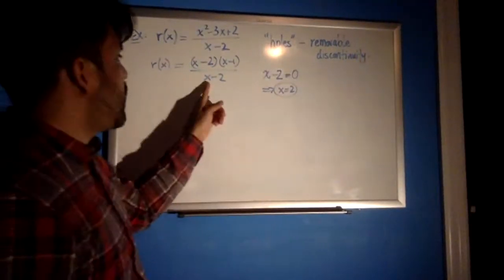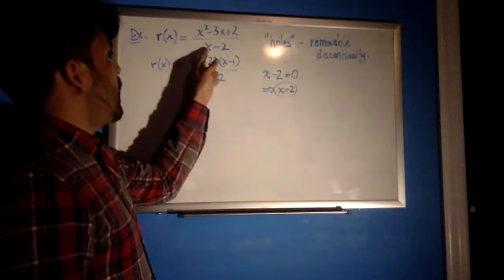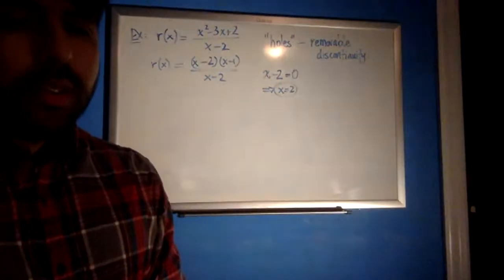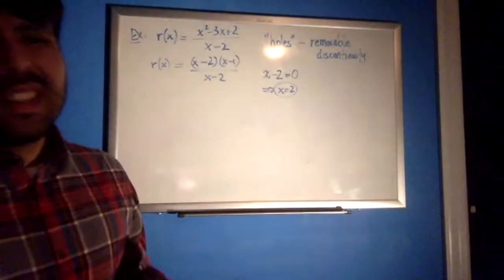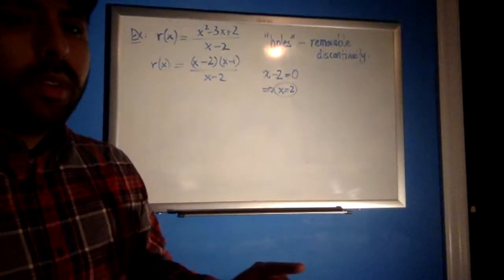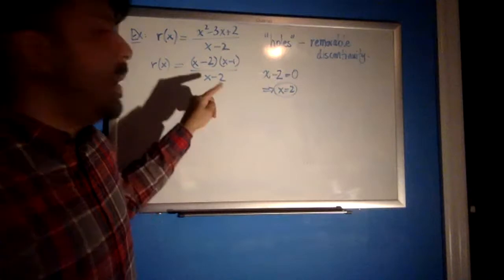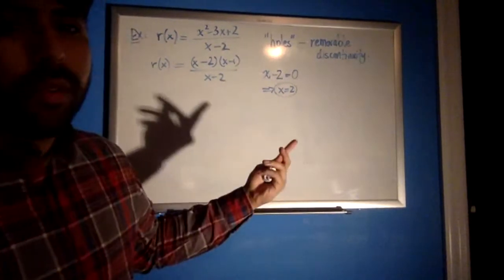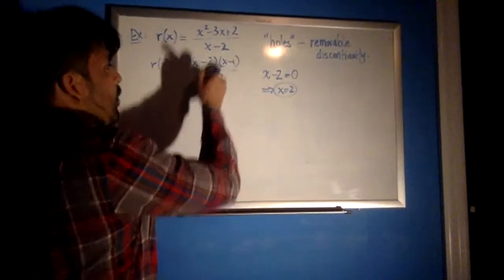If I plug in 2 here, I'll get 0. But that's the problem. If x equals 2, then I have 0 in the denominator, and that's undefined. Do you see? Now, what if x does not equal 2? Because these x values don't equal 2, that means that x minus 2 is not 0. Because x minus 2 is not 0, I can then cancel these out.